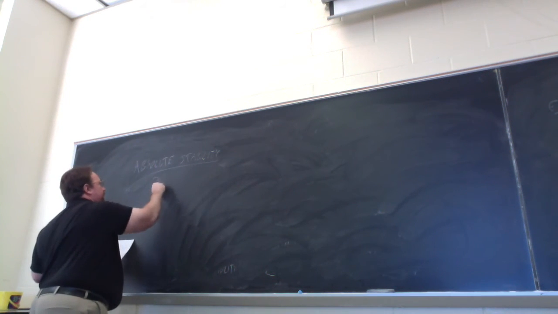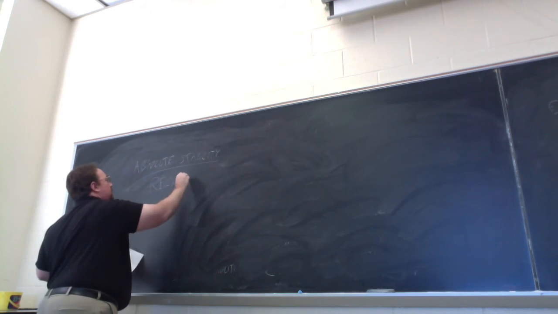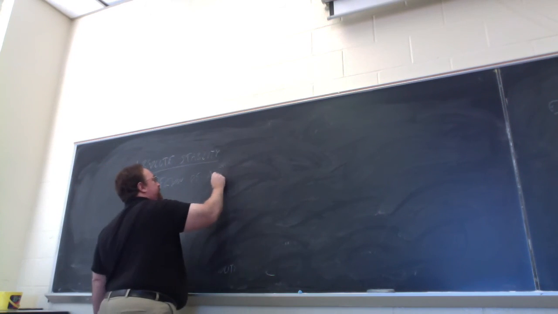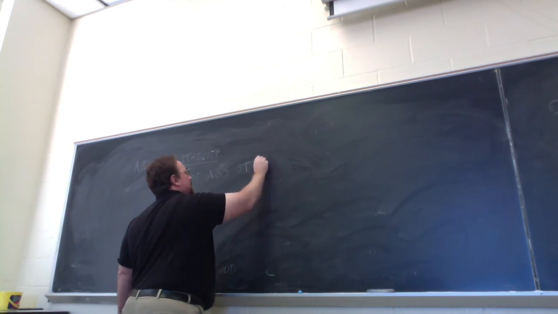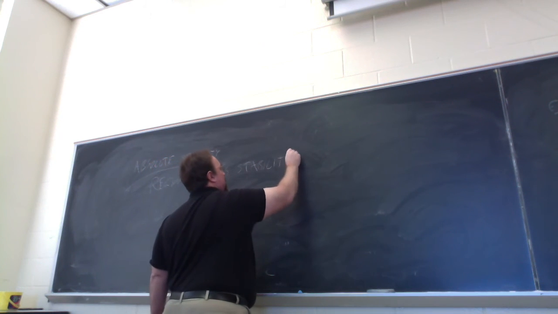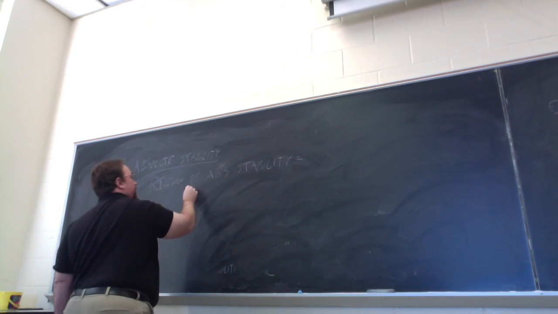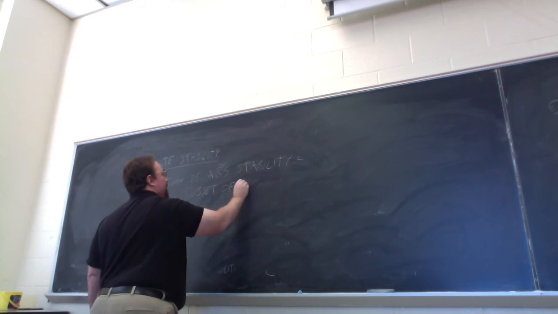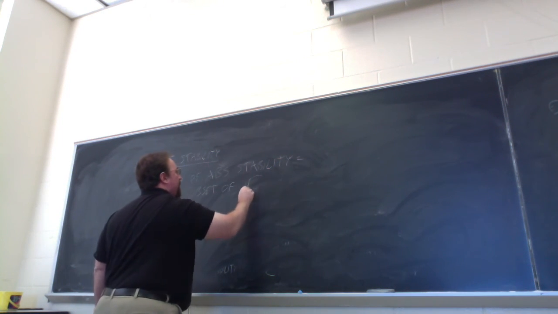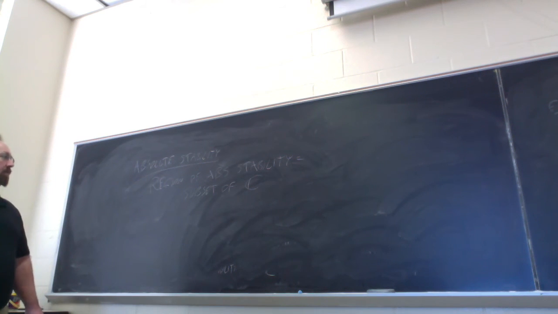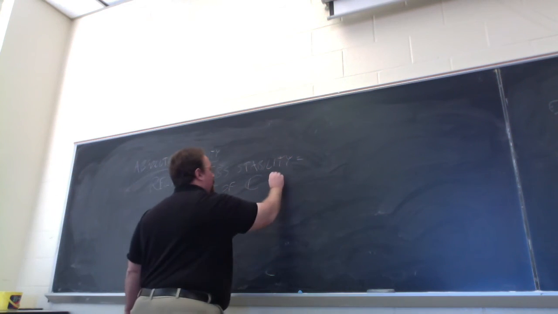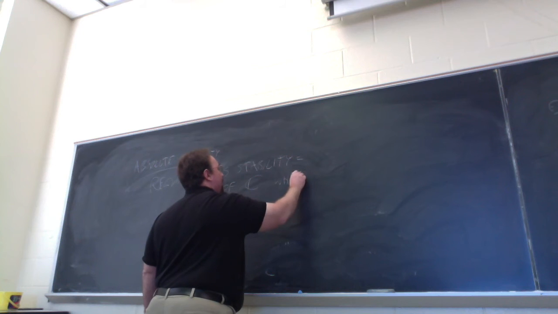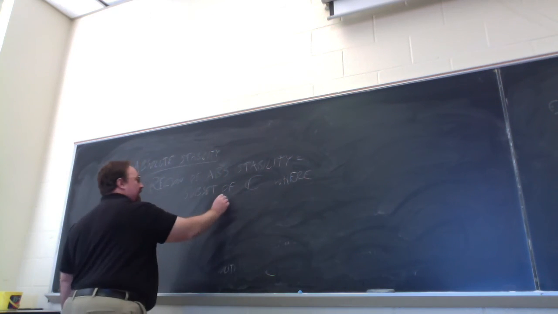Okay. So first, some terminology. The region of absolute stability is the subset of the complex plane, so the set of all complex numbers, where you have absolute stability.